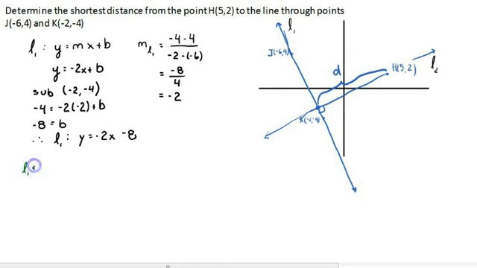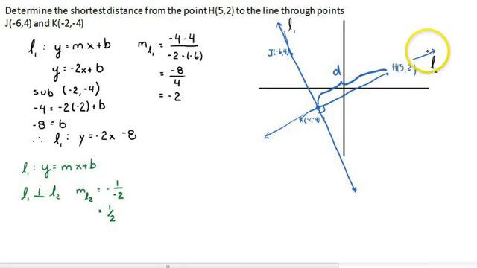So line 2 is going to again have the equation y equals mx plus b. Since line 2 is perpendicular to line 1, we know that the slope of line 2 is equal to the negative reciprocal of the slope of line 1, so that's -1 over -2, which is +1/2.